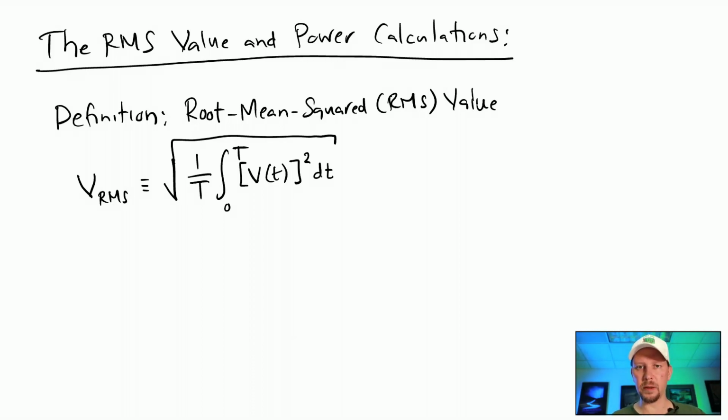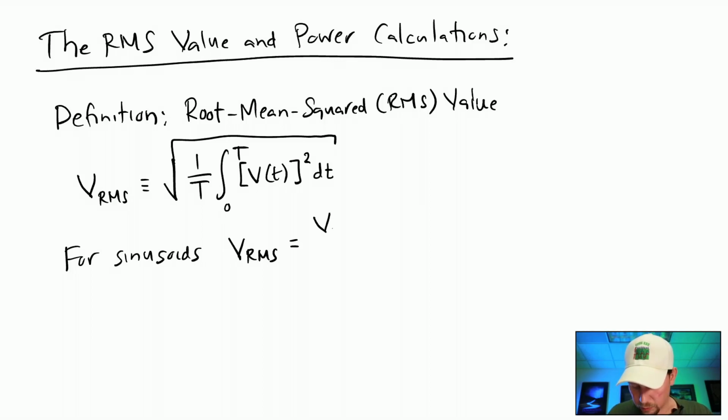Now, this was particularly important when it came to sinusoids. And one of the things that we found was that for sinusoids, the root mean squared value was related to the amplitude through a very simple relationship that looked like this.